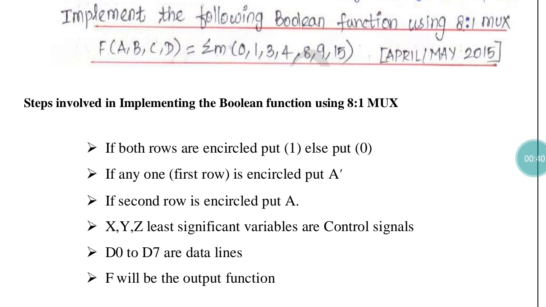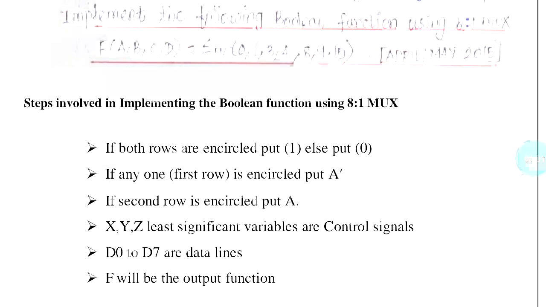In this particular problem, the function f of a b c d has four variables, but we have to implement the same function in the 8:1 multiplexer. In this 8:1 multiplexer, the number of variables used is only 3. So we are going to analyze this problem.